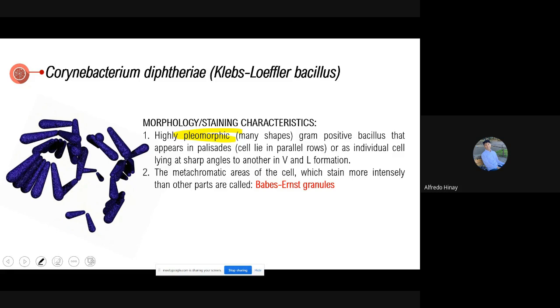That is why we have the V-shape. So as I mentioned earlier also with your Corynebacterium diphtheriae, their granules are called Babes-Ernst granules or volutin granules, guys. Okay? Klebs-Loeffler bacillus is another name.